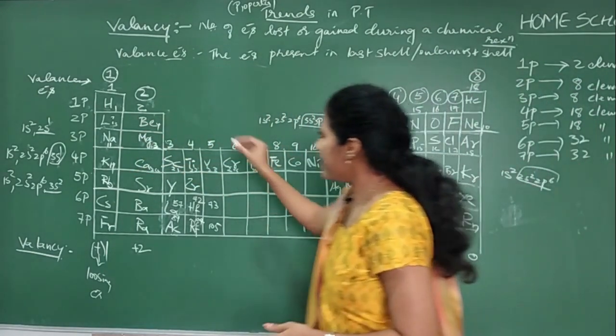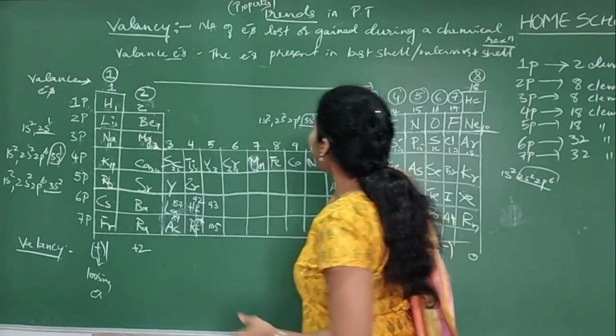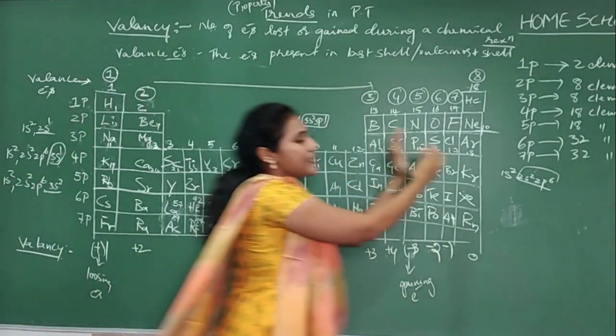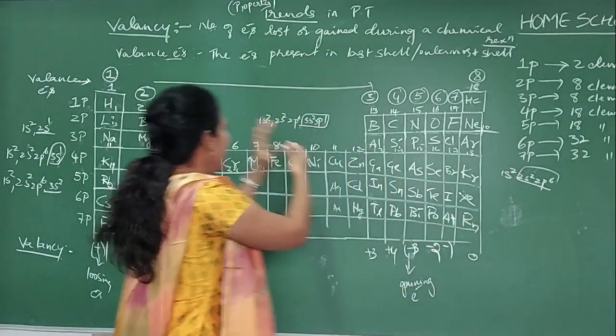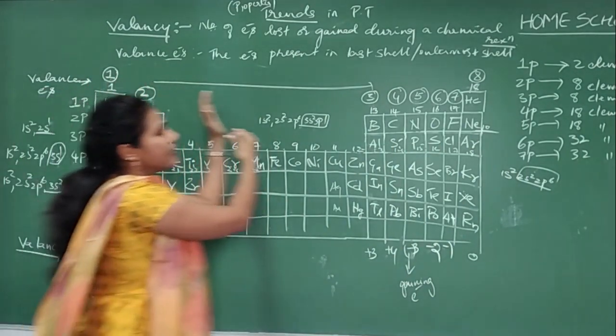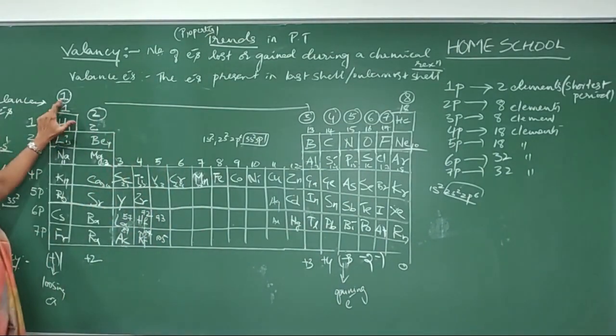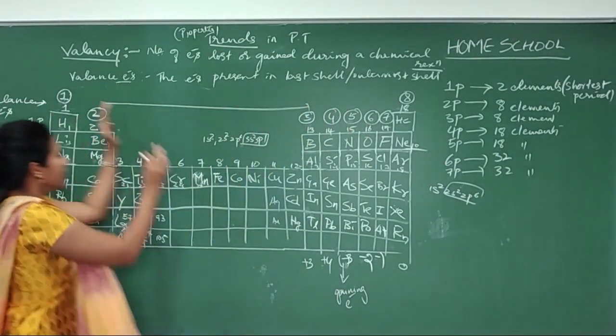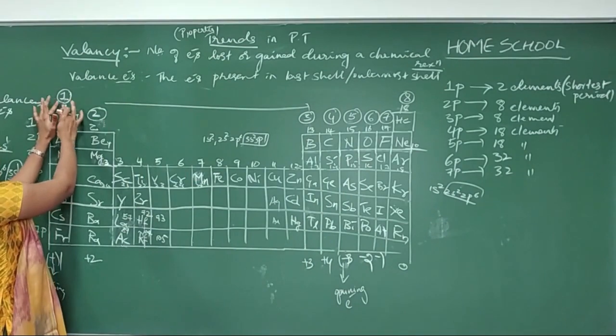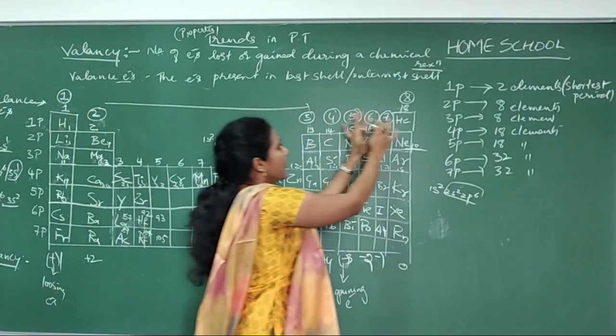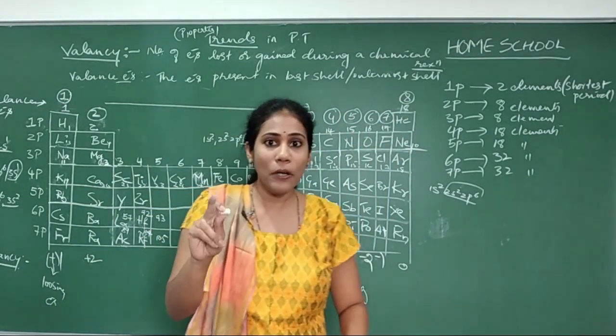Left to right in the sense, if I go in a periodic table from this direction to this direction, will the number of valence electrons keep on increasing or keep on decreasing? You see here, from left to right I am going. See the number of valence electrons, here it is 1, here it is 2, here it is 3, 4, 5, 6. That means the number is increasing, no? Right?